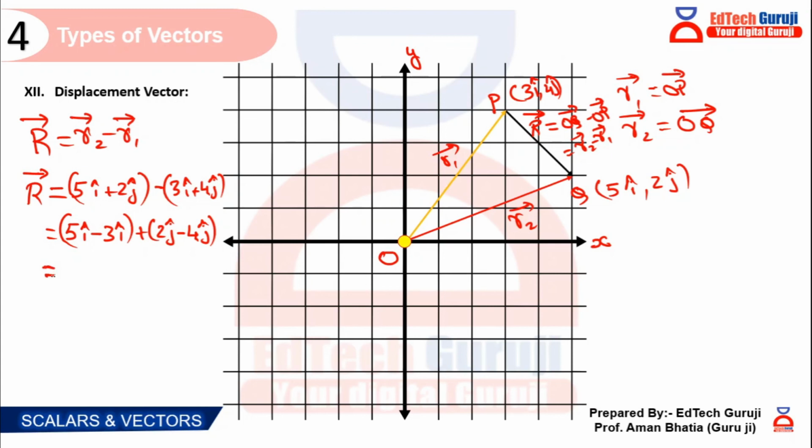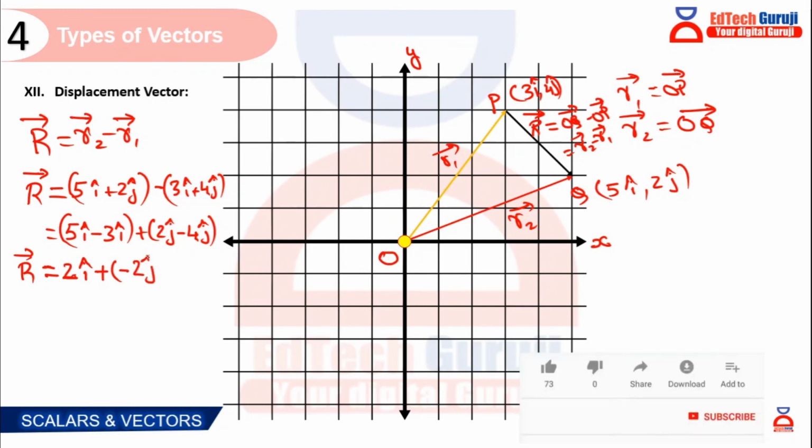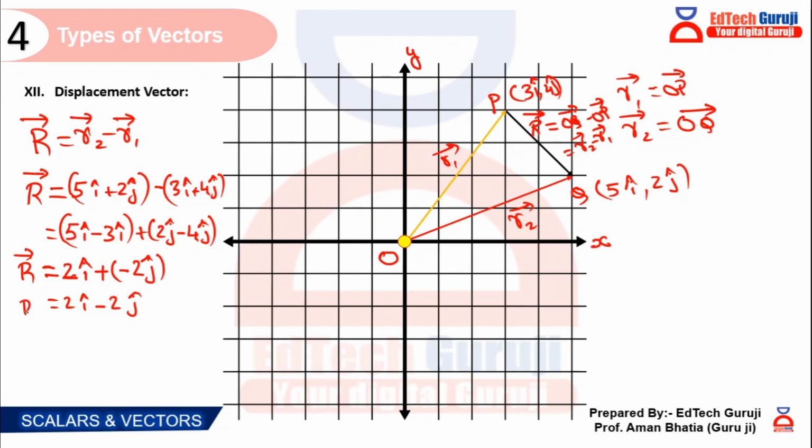That means my answer, R vector in terms of unit vectors, will be 5 minus 3, 2 i cap, plus 2 minus 4, minus 2 j cap. So finally it is 2 i cap minus 2 j cap. This is my final coordinates of the resultant vector. So this is how unit vectors help us. I hope that the displacement vector is very clear to you.